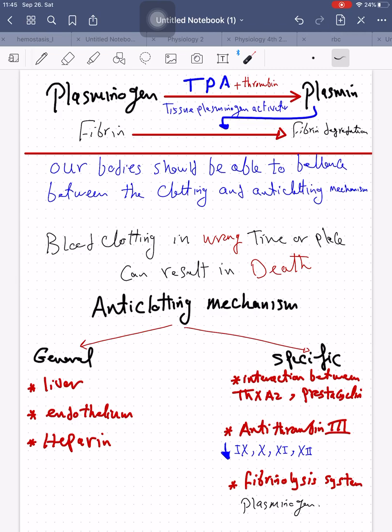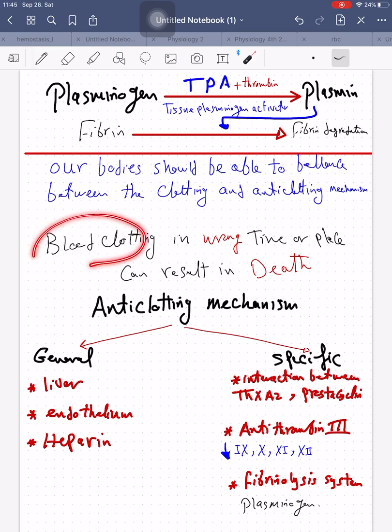I say for you here one of the most important points, if you need to get a very close understanding: our body should be able to balance between the clotting and the anti-clotting mechanisms. One of the most important decisions in our body is that we should decide where and when the blood clotting should be.